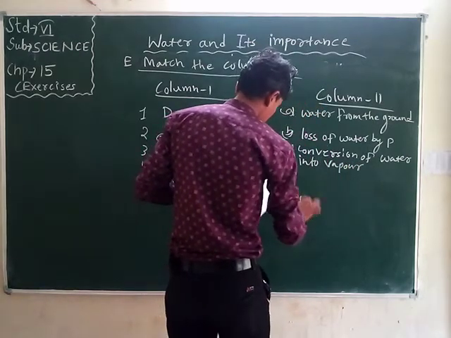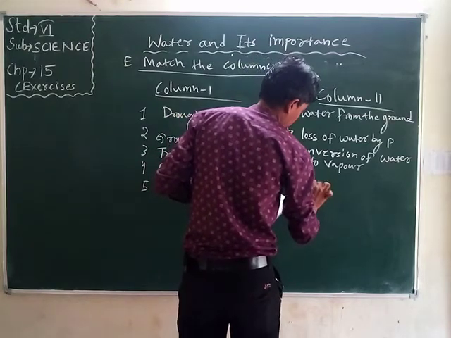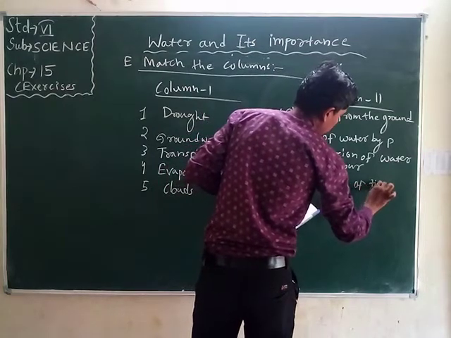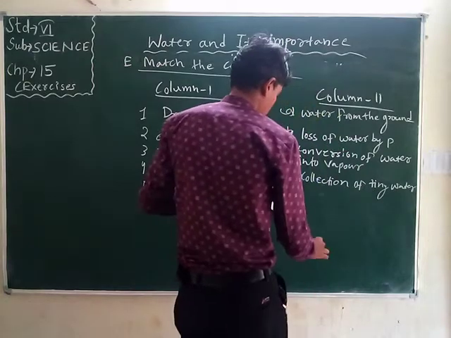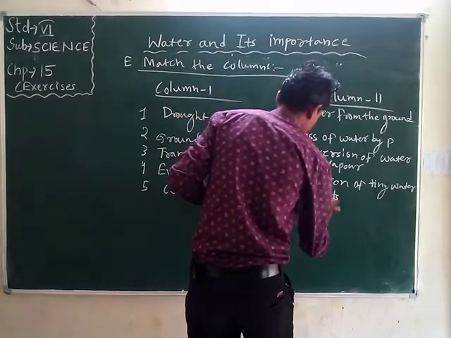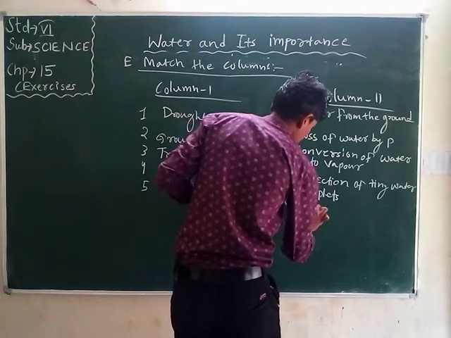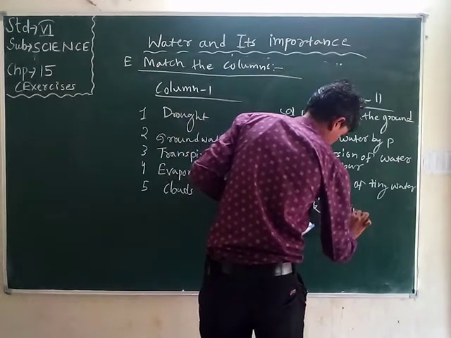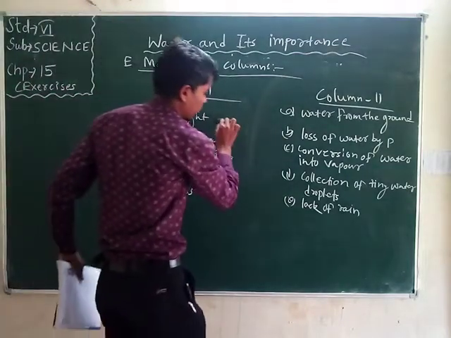Number D, collection of tiny water droplets. E, lack of rain. Okay, so student, drought, that is lack of rain.